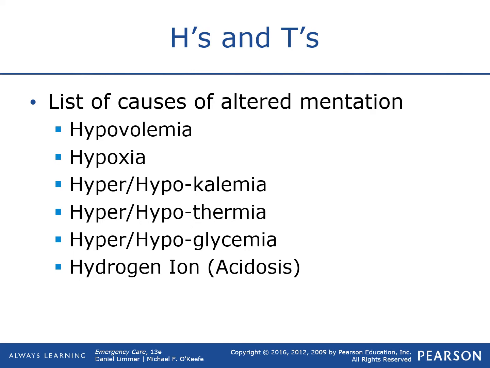So they might be going into what's called sepsis, which we're actually going to talk about later in this chapter. So someone who has a hydrogen ion problem is someone who is becoming acidotic in their blood. Their blood is becoming too far low on the acid-base balance scale, so your pH scale.